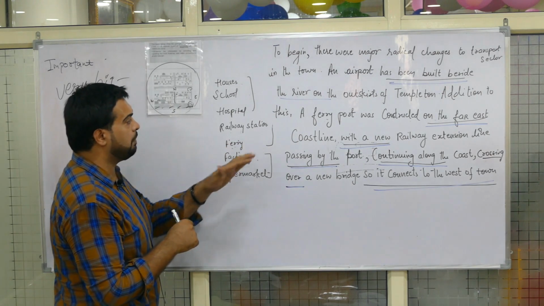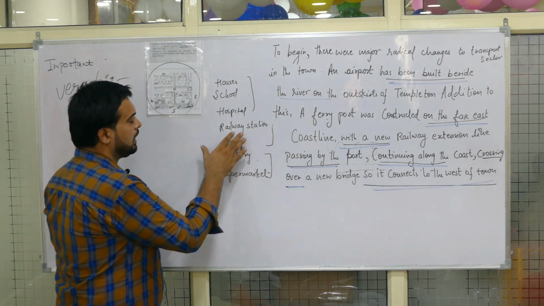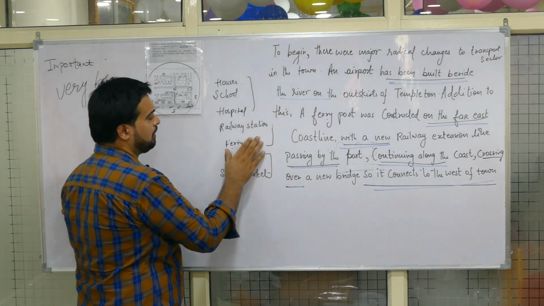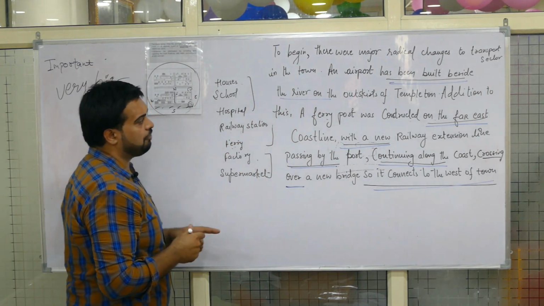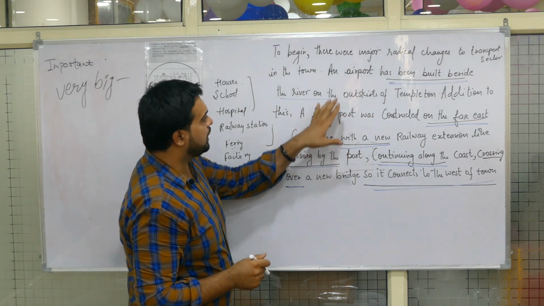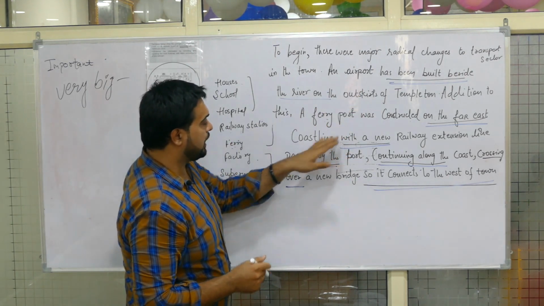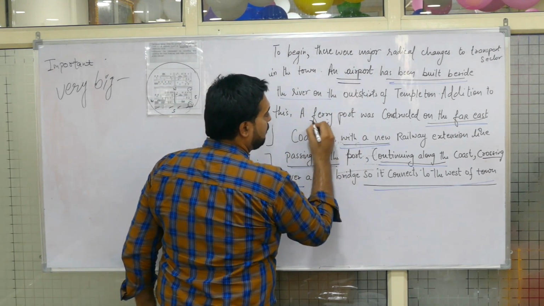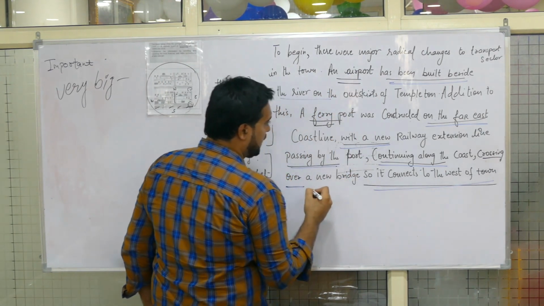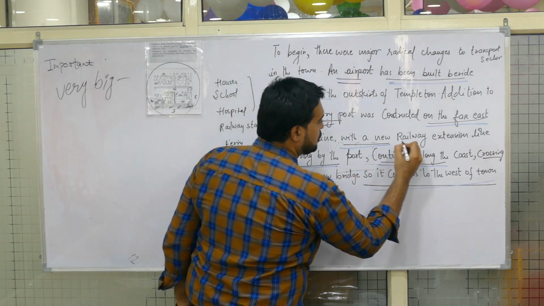So this is the second paragraph about the transport sector, the changes that we have seen. In transport we have written about an airport, then a ferry port, and a railway line. Three things we have mentioned here.